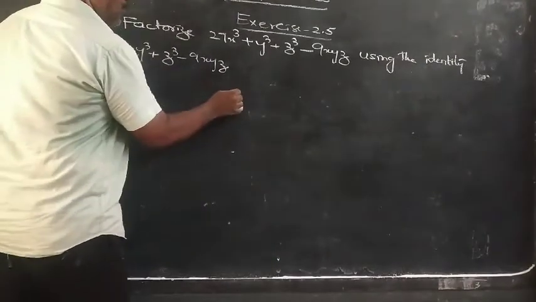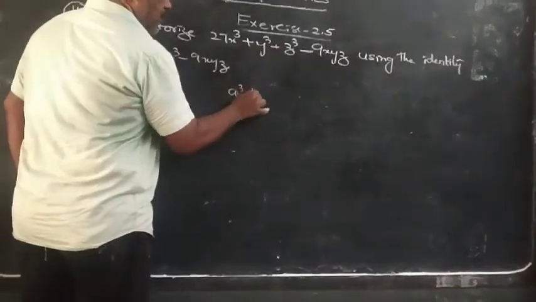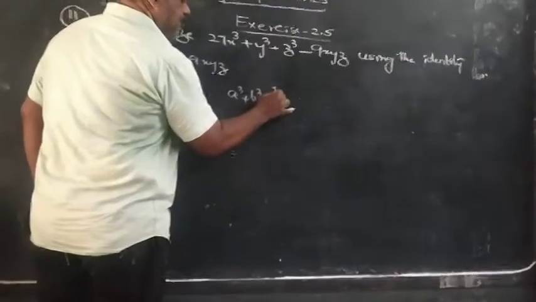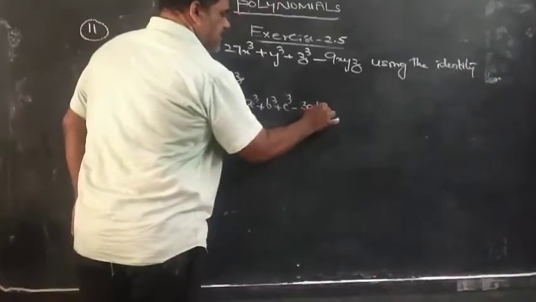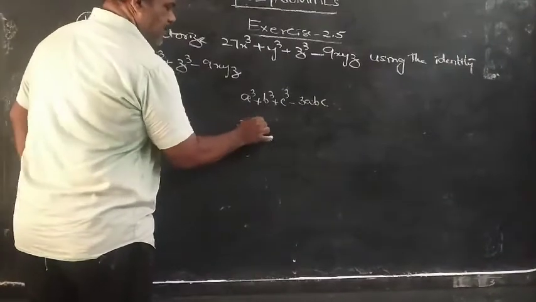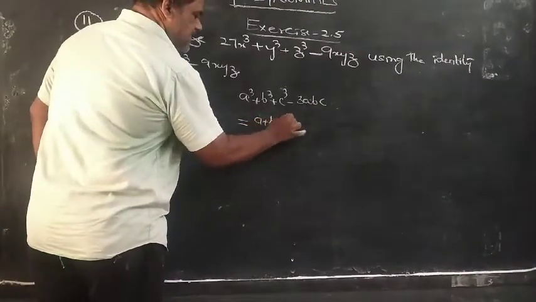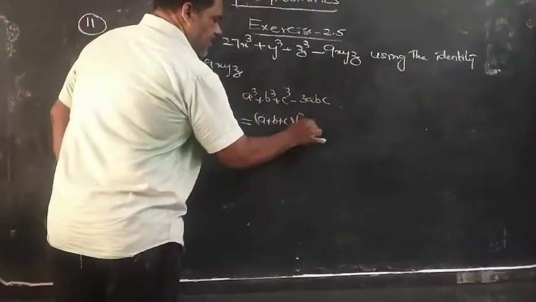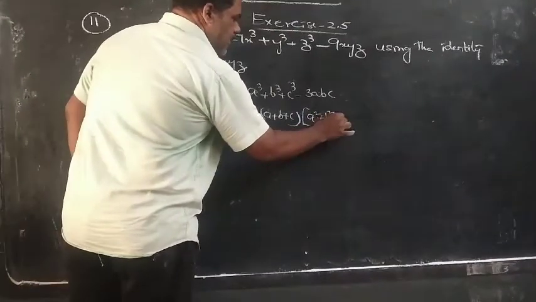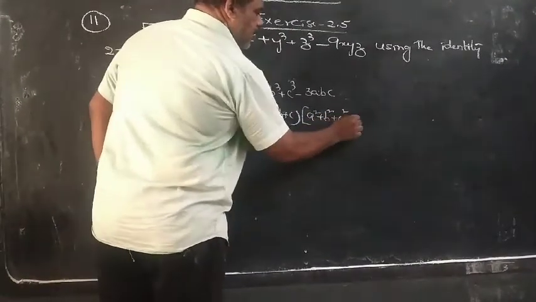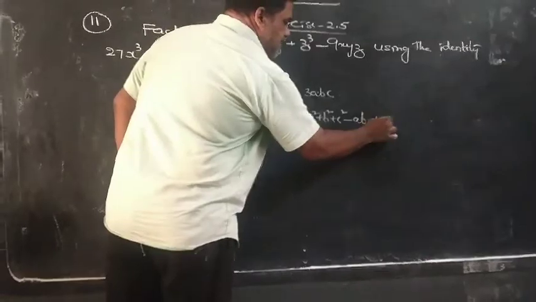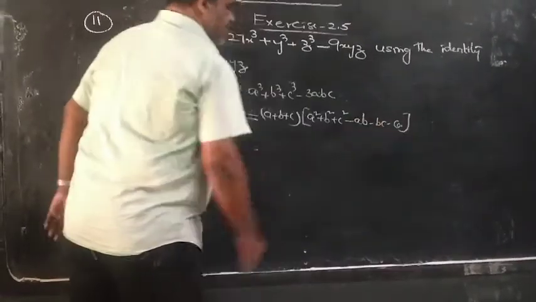We have this formula: a cube plus b cube plus c cube minus 3abc is equal to a plus b plus c into a square plus b square plus c square minus ab minus bc minus ca.